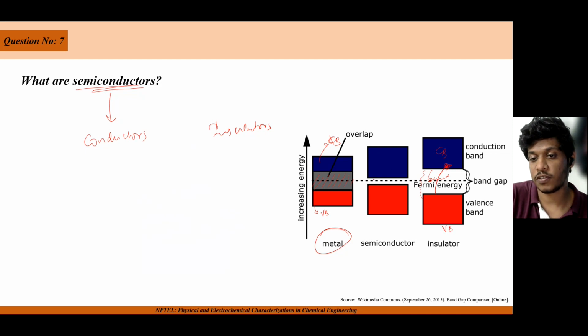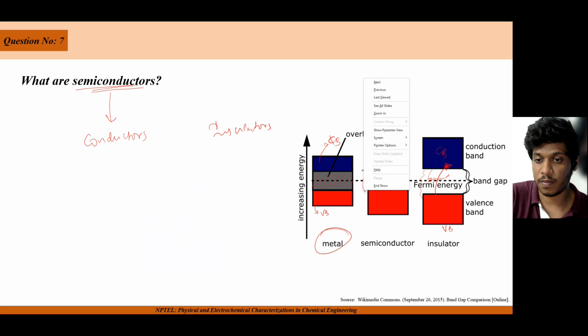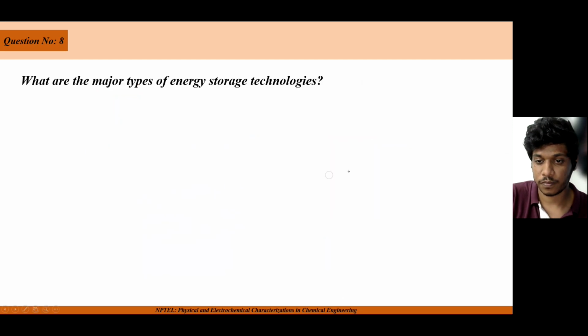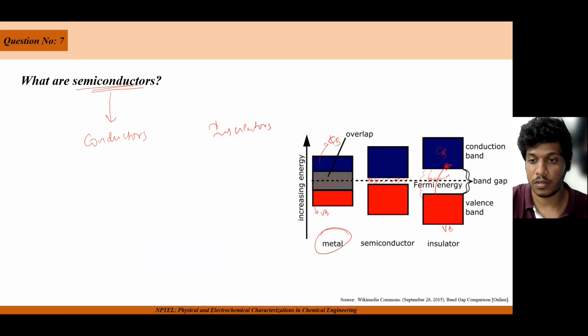And now there are other classes of materials where this band gap is not that high, so that electrons in the valence band can jump to the conduction band once proper energy is provided.